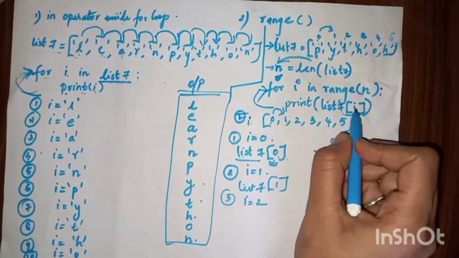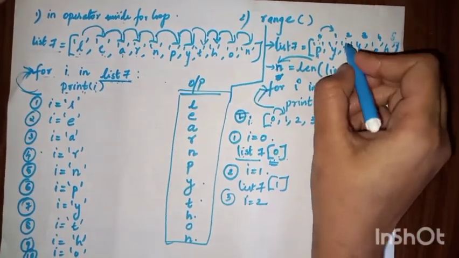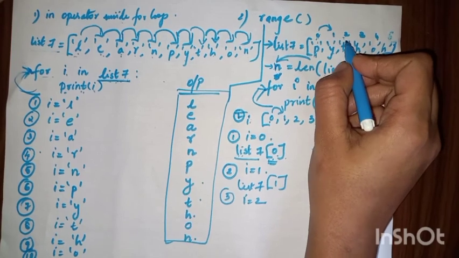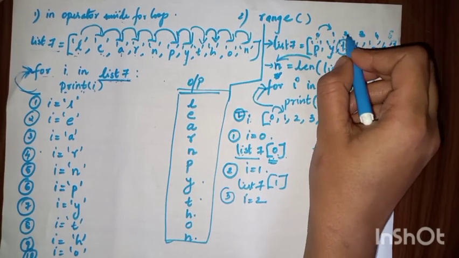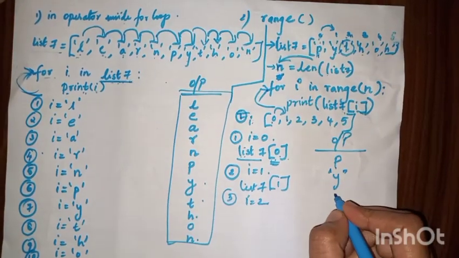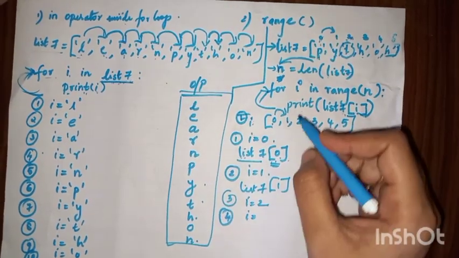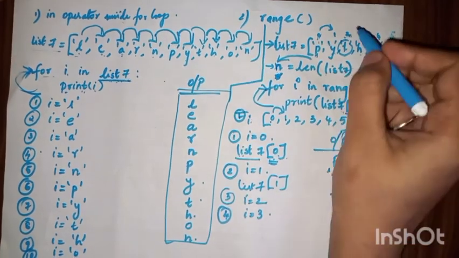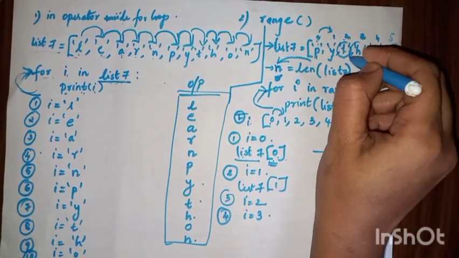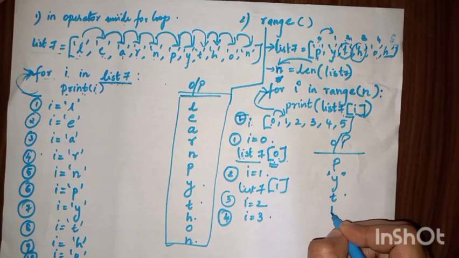Then print list 7 of i means it will print the element corresponding to this index. So, it will print T. In the fourth iteration i is equal to 3. So, it will print the value corresponding to that index, that is H.